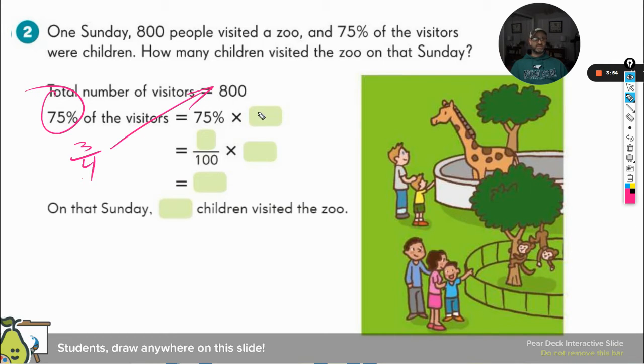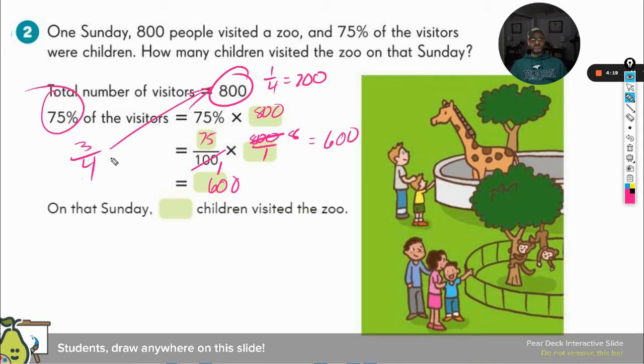But what they're doing is 75/100 times 800 over 1. 800 divided by 100 is 8. 100 divided by 100 is 1. So they're asking you to do 75 times 8 equals 600. Instead, I know that 1/4 equals 200, so 3/4 is going to equal 600.